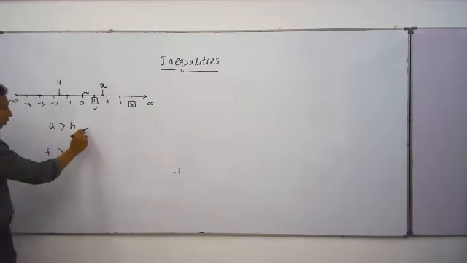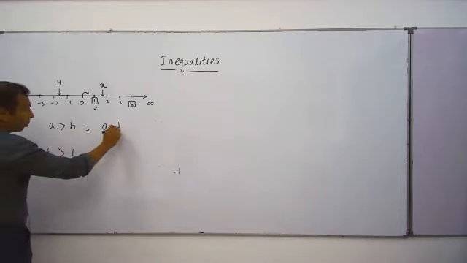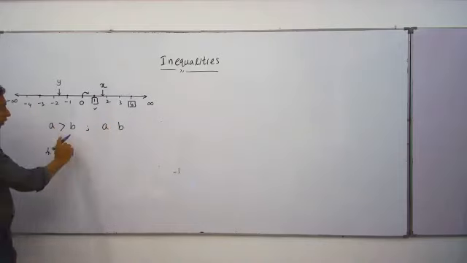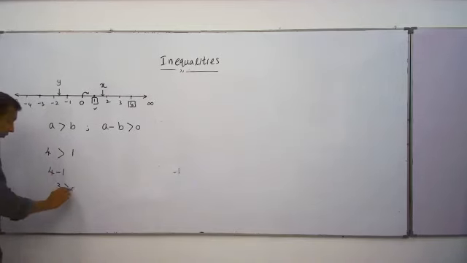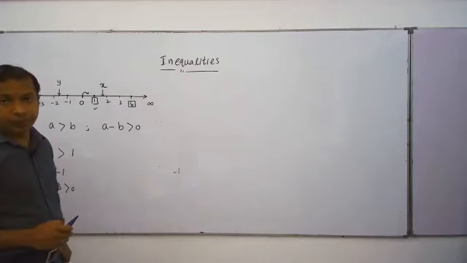When a greater than b, if we subtract b from a, a minus b is positive. See here, 4 greater than 1, then 4 minus 1 is 3, and 3 is greater than 0. If a greater than b, then a minus b is positive.